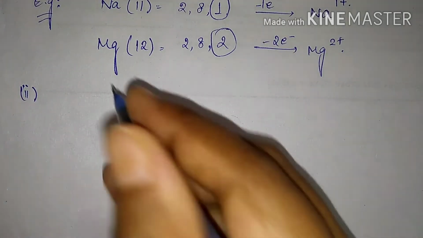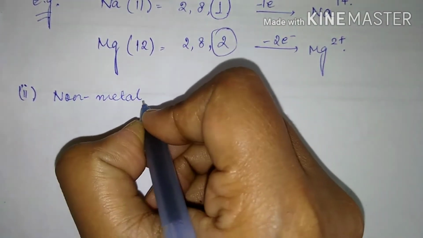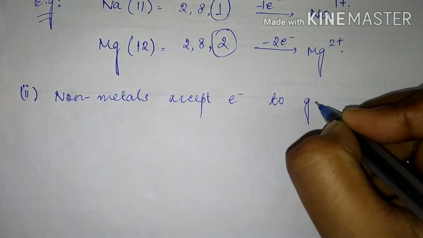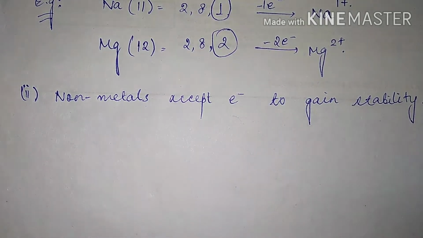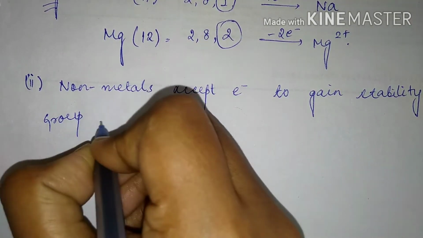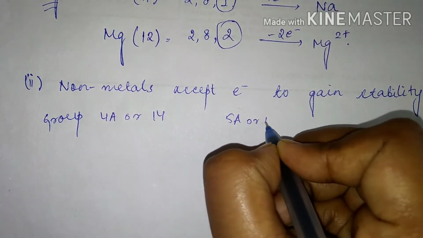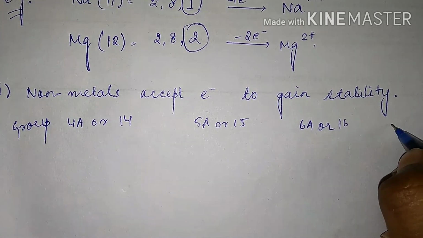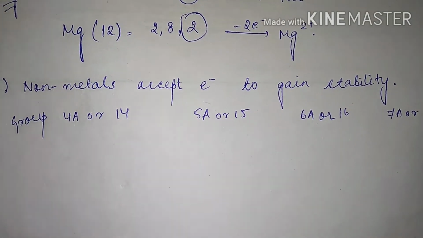We know now that in the case of non-metals, they accept electrons to gain stability. That is, the elements of group 4a or 14, group 5a or 15, group 6a or 16, and 7a or 17 accept electrons to gain stability.